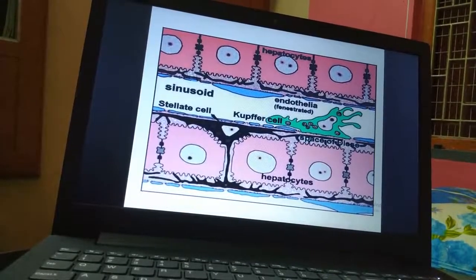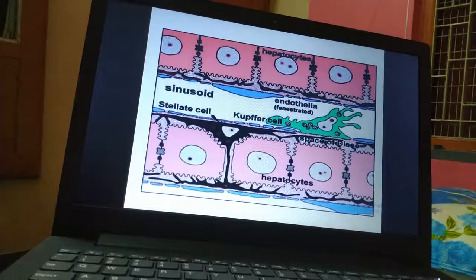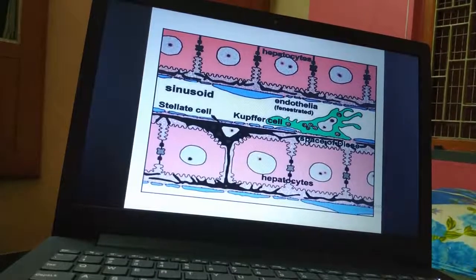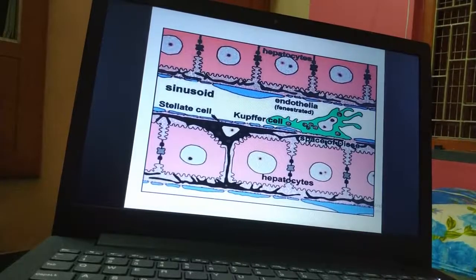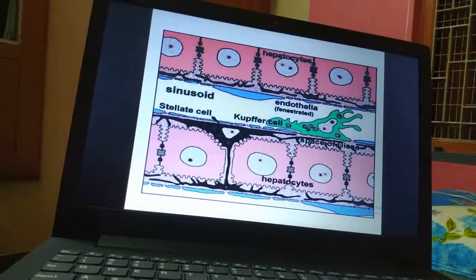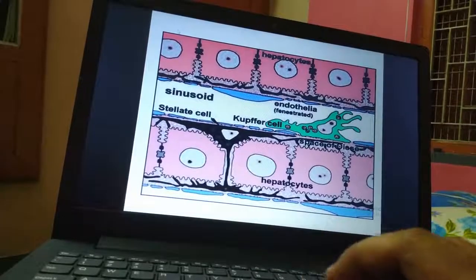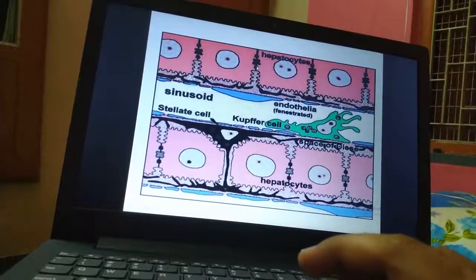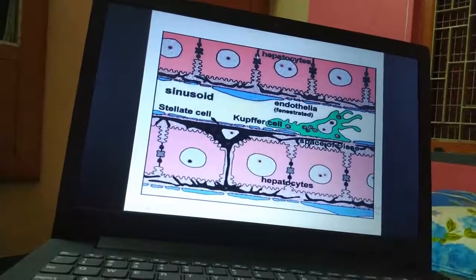Irregular microvilli project into the canaliculus. On either side of the canaliculus, the cell membranes of adjoining cells are united by junctional complexes. About 15% of the hepatocyte surface is canalicular. Here is the junction area you will be observing.